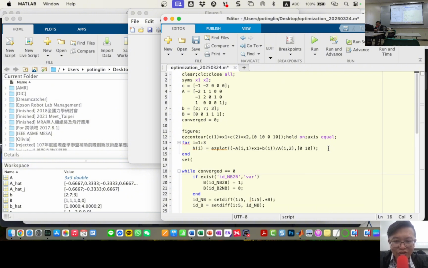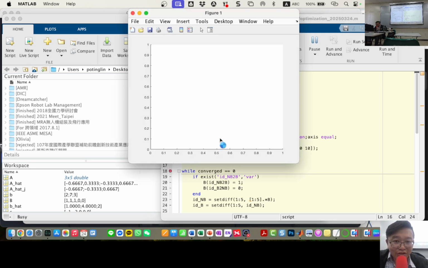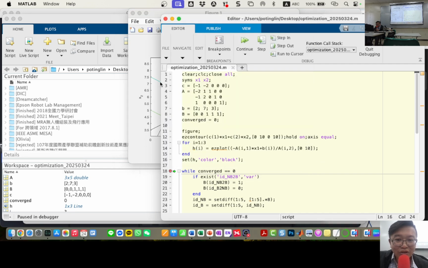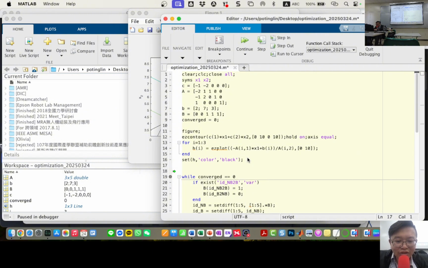Set each color black. Okay. Okay, only two lines? Only two. No. And then y limit 0 to 10.